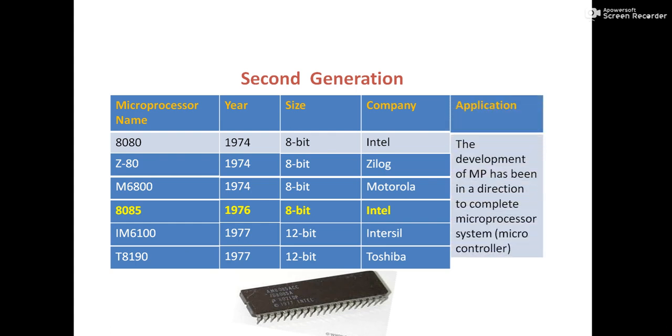Now, during the second generation, the development of microprocessor has been in direction of complete microprocessor system, that is CPU, ROM, RAM, clock, IO ports, all in a single package, which is known as microcontroller. So this is all about second generation. I hope everyone is clear with these previous two generations.